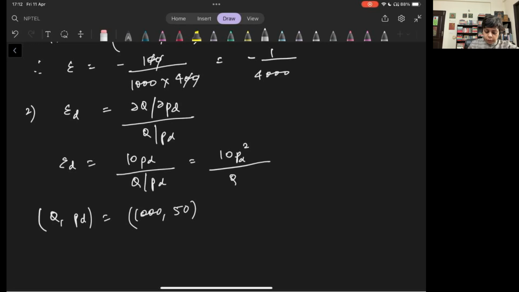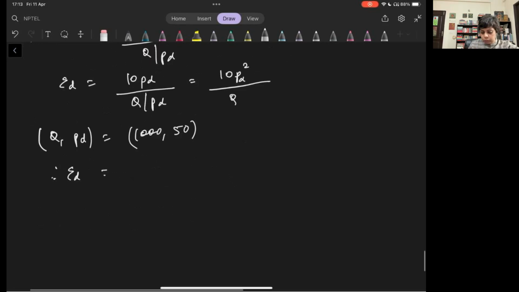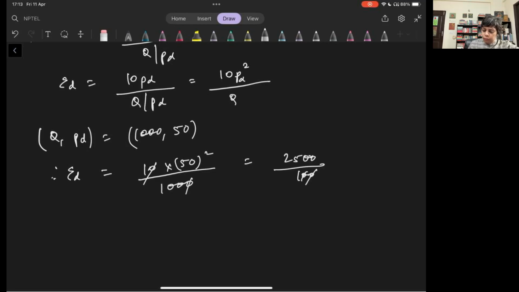Therefore, epsilon d is 10 into 50 square upon 1000. This is 2500 upon 100. It is equal to 25.